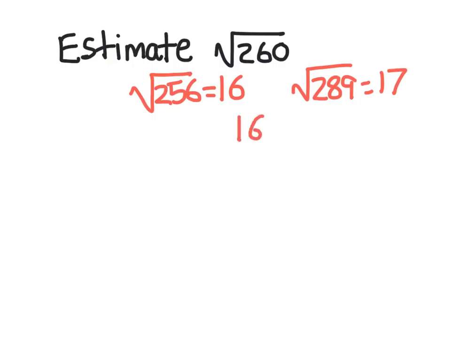Let's guess that's going to be approximately 16.1. And if I take my calculator and enter 260 and take a square root, I do get 16.12. And a bunch of other digits come after that, but that's enough for me to see that it would round to 16.1. So yes, this would be the correct estimate.